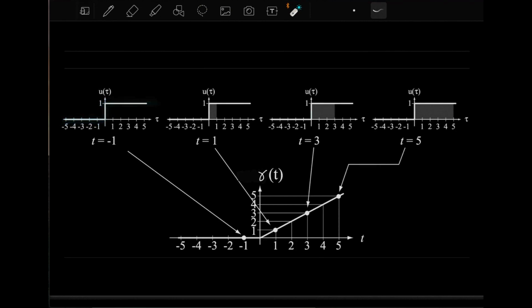But when t becomes equal to 1, your integration area is this one, for which you get a value which is here. When t equals 3, a larger integration area is available, so you will have a larger value here. Similarly for t equal to 5. So as the integration area increases, as you increase the time limit of the integration, if you join these points, you will get a ramp function.